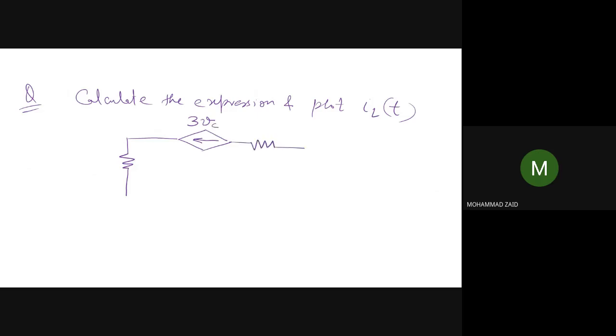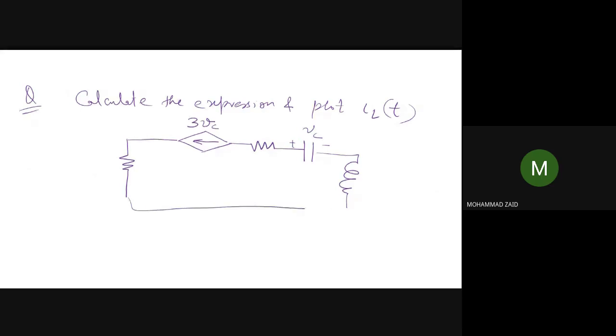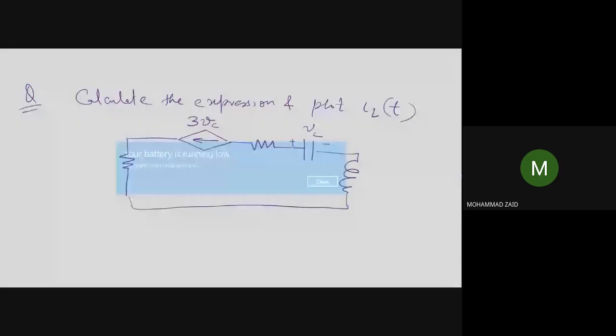A resistance, there is one capacitance with voltage plus minus Vc, and some inductance in the circuit. So this way you need to calculate the circuit, and then I am telling you the values.